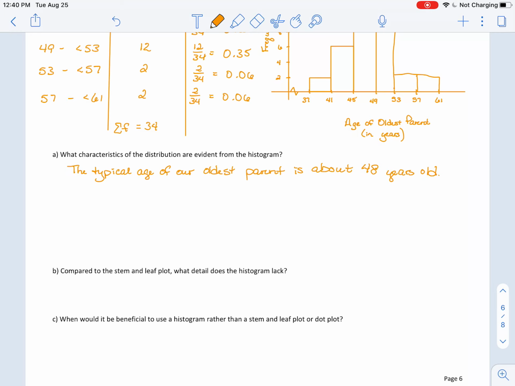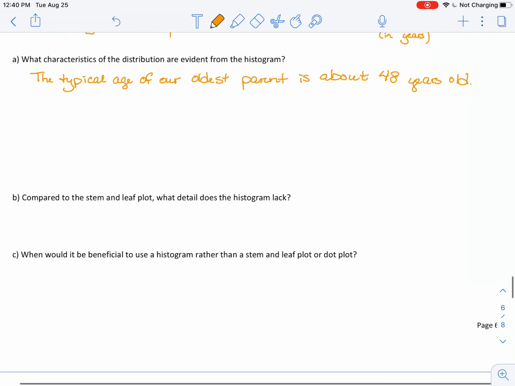So this is weird. I will tell you that on the AP test, they will always have very clear, like, this is clearly symmetric. This is clearly skewed right. It won't be this weird, we have based off of real life data, which is why this one's kind of hard to do. So the histogram is approximately symmetric.